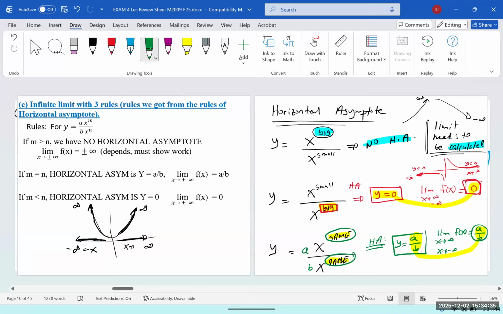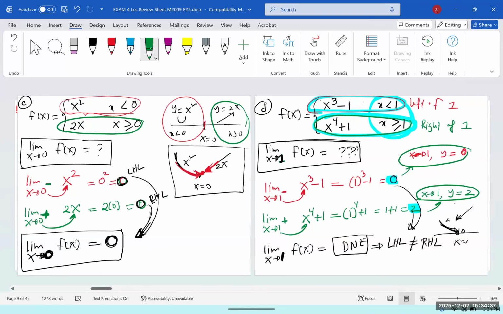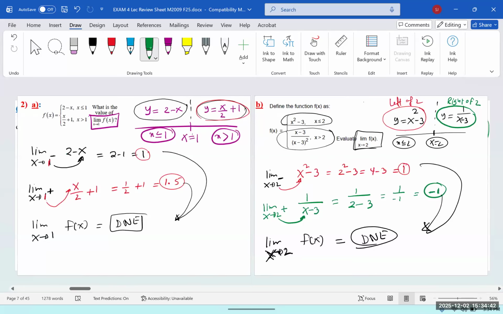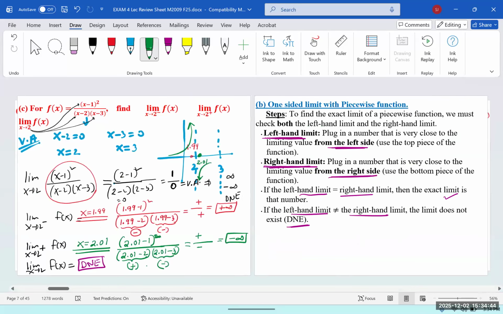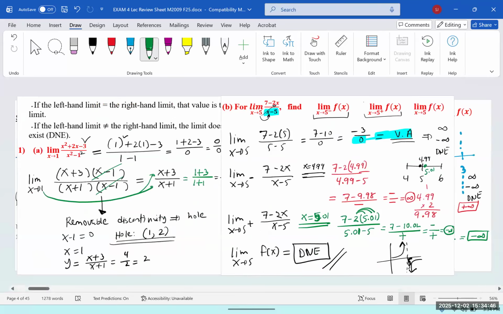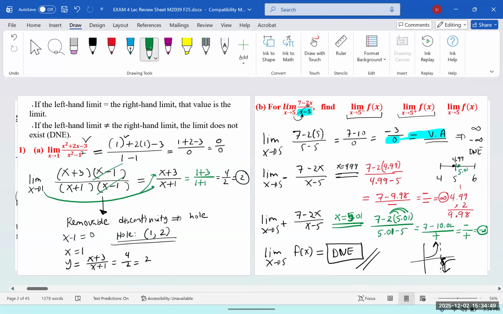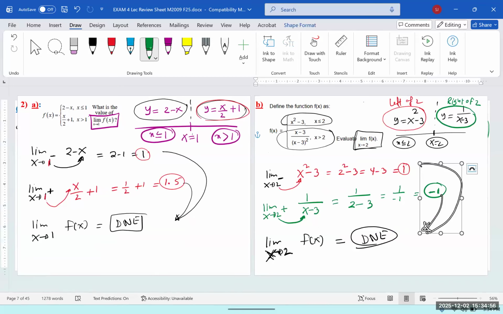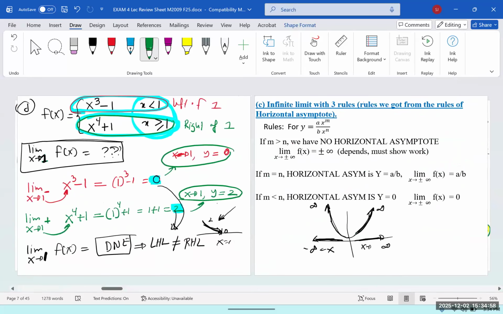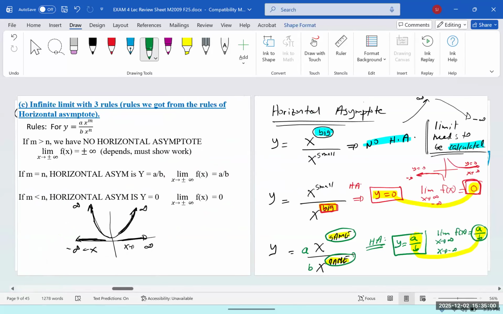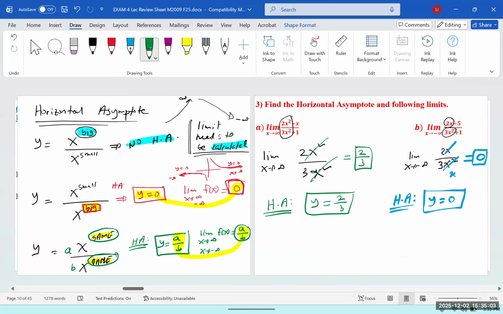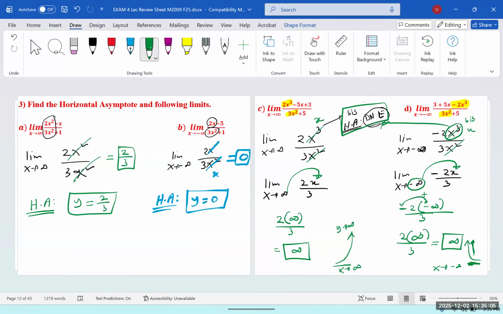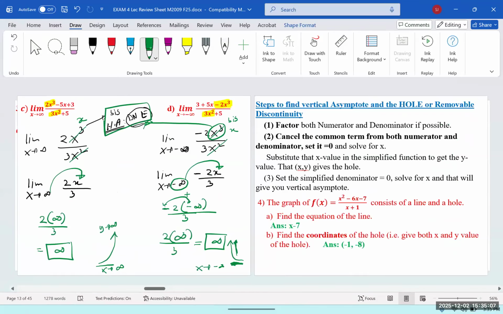Limit at infinity, limit at a point, limit for piecewise functions, limit for vertical asymptote, and limit for infinity by infinity case. In the exam, you're going to have all of these. So any question from anyone? No question.